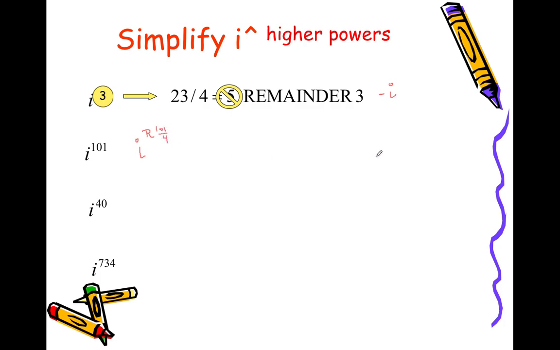Oh crap, I forgot. I don't know what that is. And I don't have a calculator. Plus a calculator gives you decimals. So 4 into 101. 4 goes into 10 twice. 4 goes into 21 5 times. Don't actually care what's my remainder. So this turns into i to the first, which equals i.